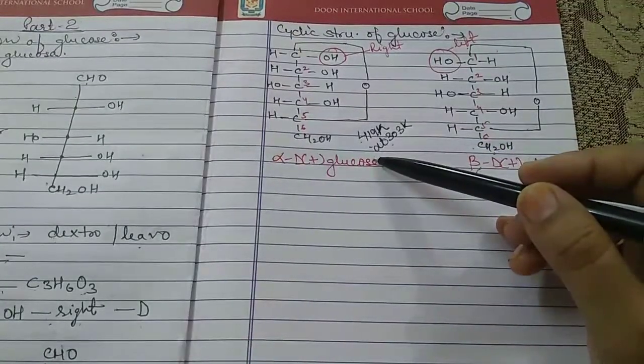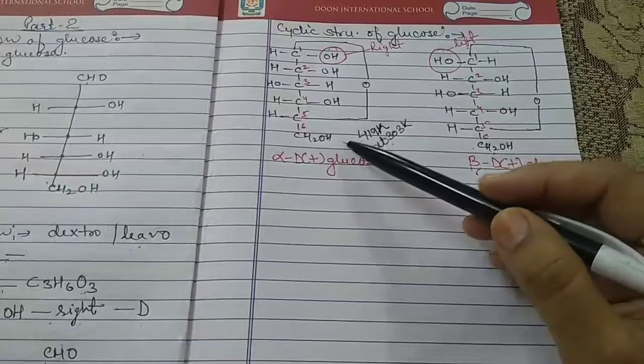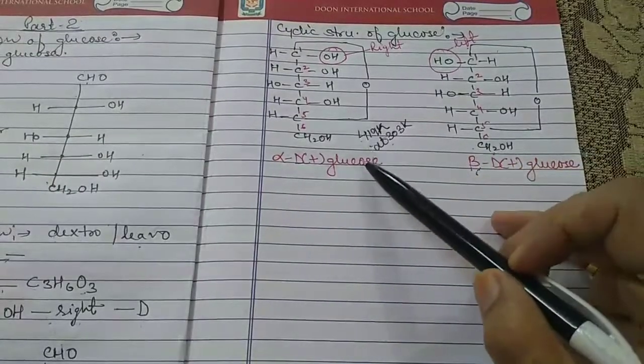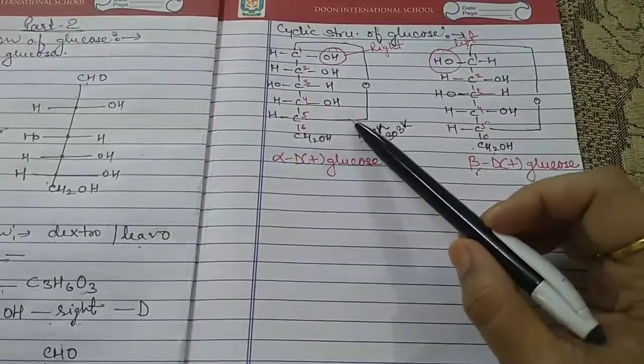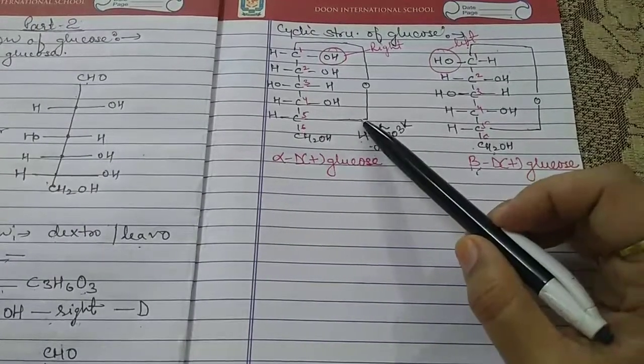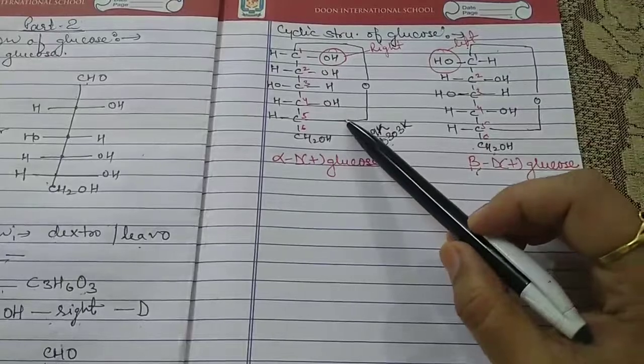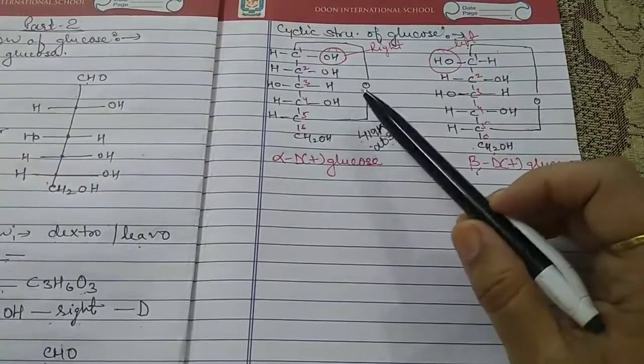For example, we all know very well that glucose has the aldehyde group, yet glucose does not give the Schiff test.